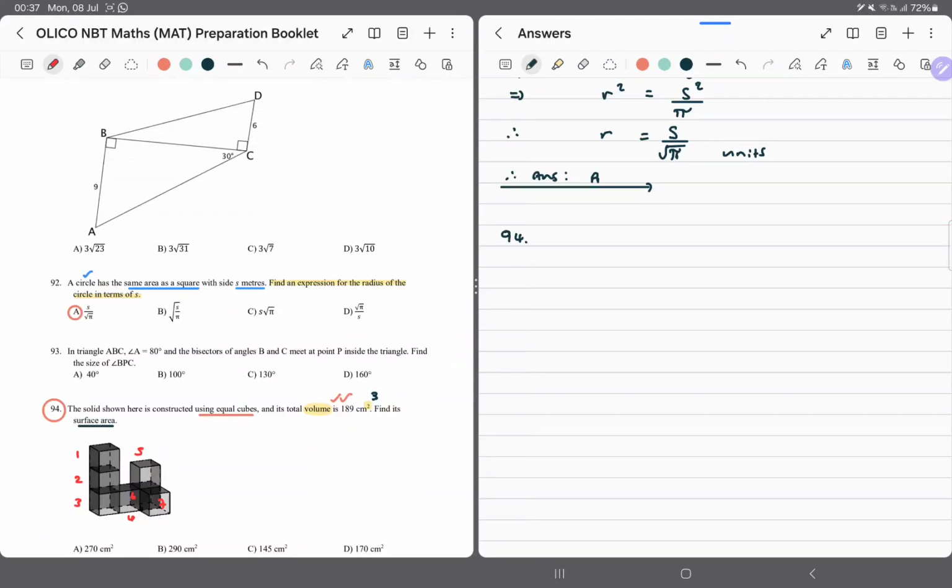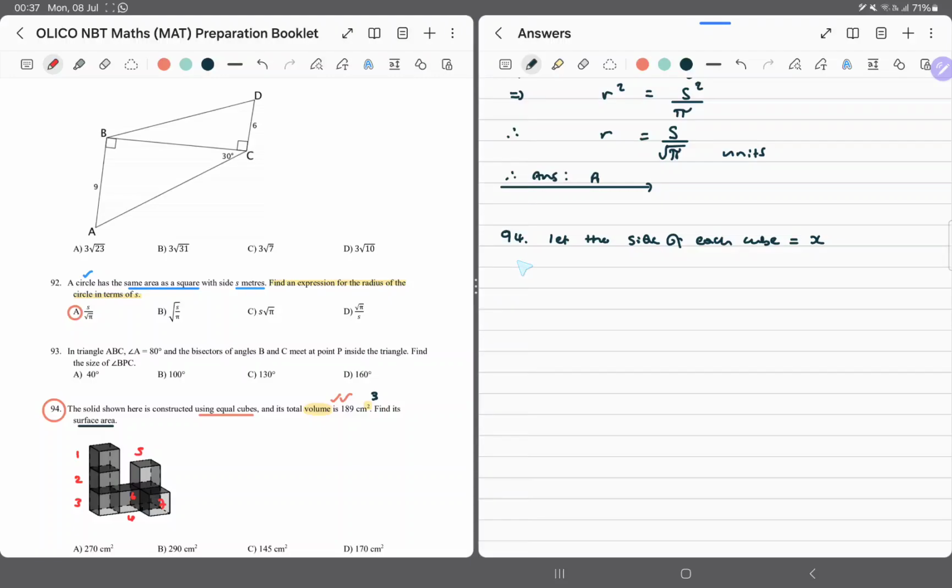So to answer 94, we want the dimension here. We can just say let the side of each cube equal x, right? That's what we need.